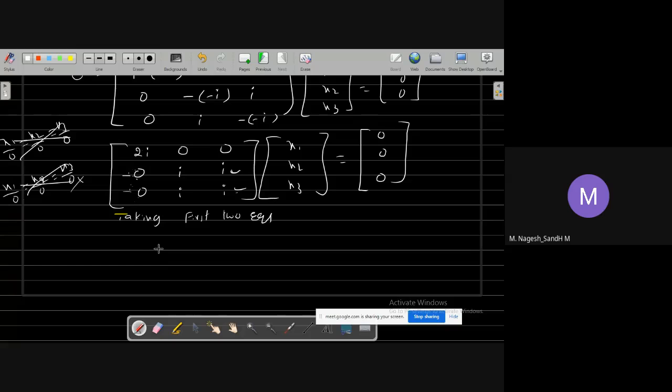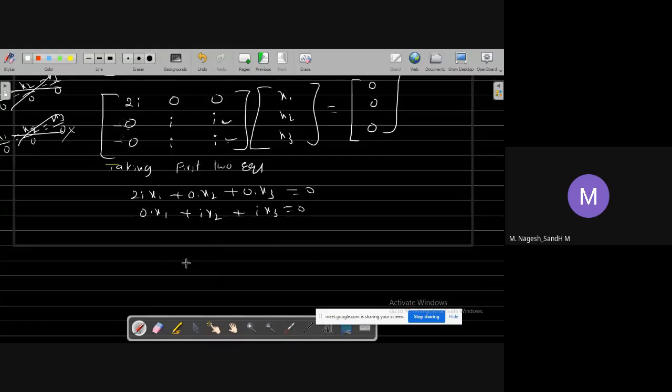Okay, so what will we get? 2i into x1, 0 into x2, 0 into x3, next 0 into x1 plus i into x2, next i into x3 is equal to 0. So now x1 by, the same thing we did previously, close this column. Can anyone say what is the value? 0 into i minus i into 0.